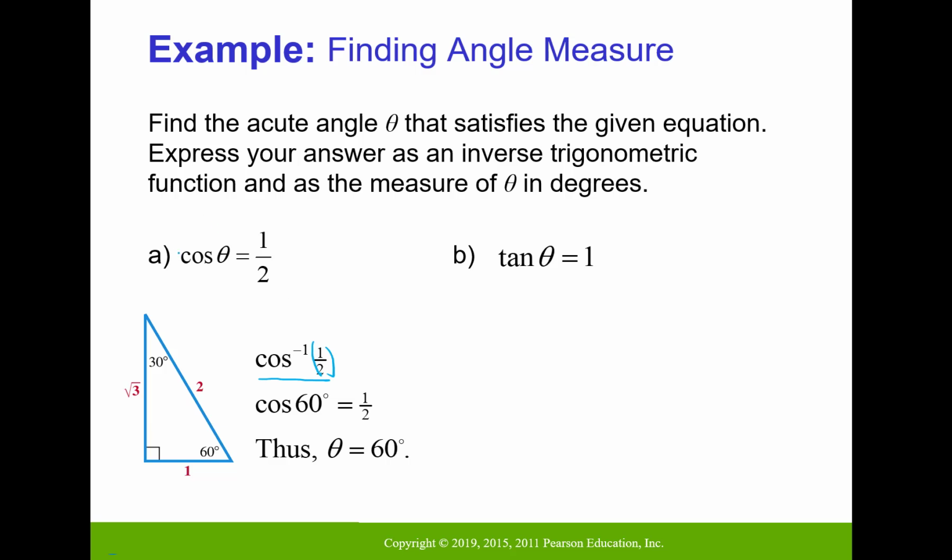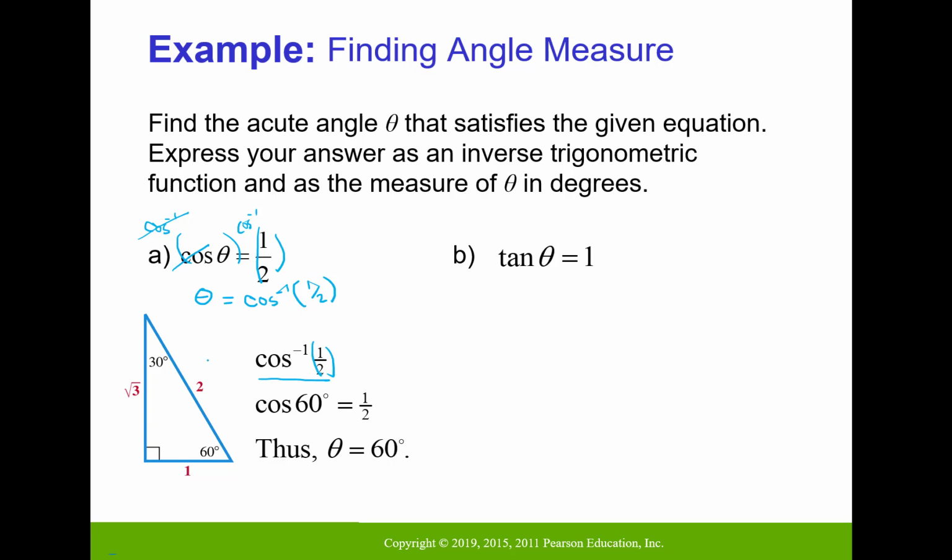It's basically saying cosine inverse of both sides of this equation. You take cosine inverse of the output, and what happens on the left side is you undo the cosine, so you end up with theta equal to this value. Cosine inverse gives you the angle, so theta equals cosine inverse of 1/2.